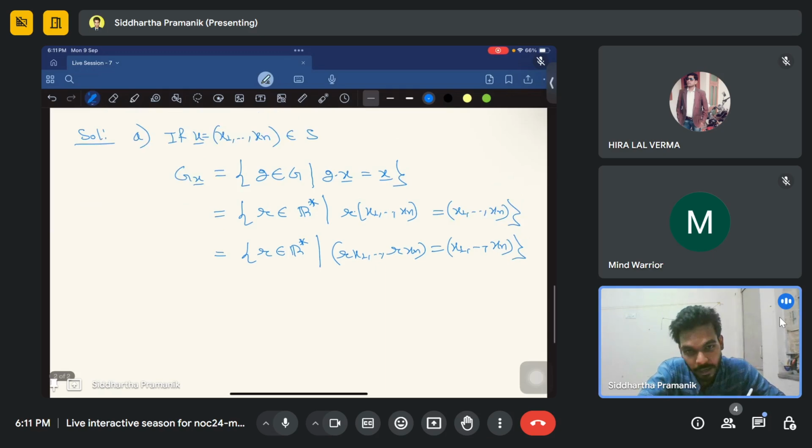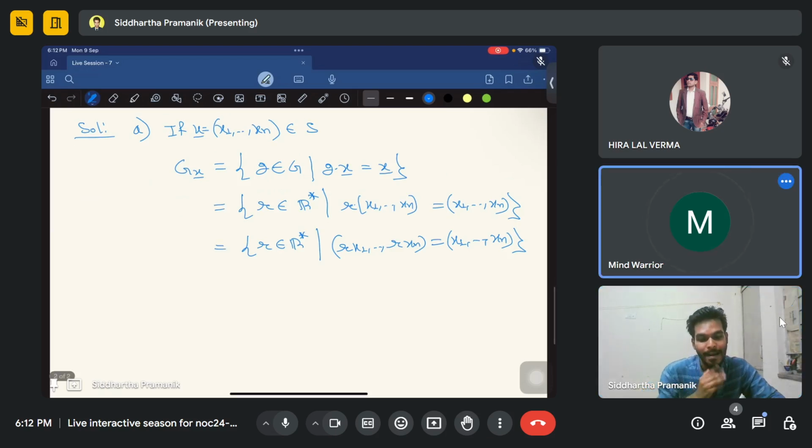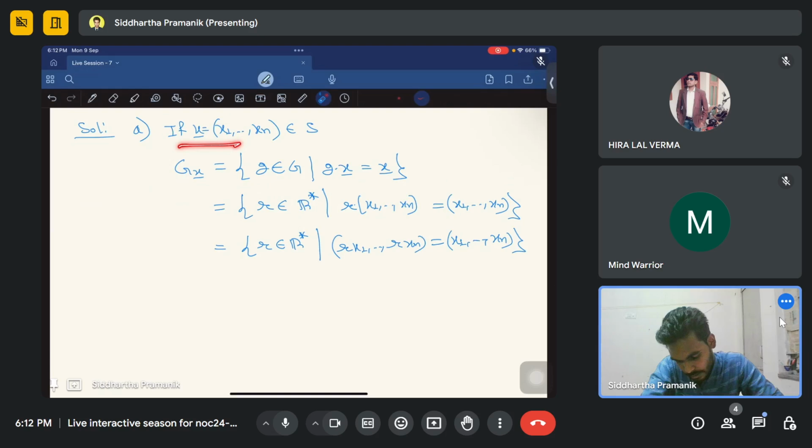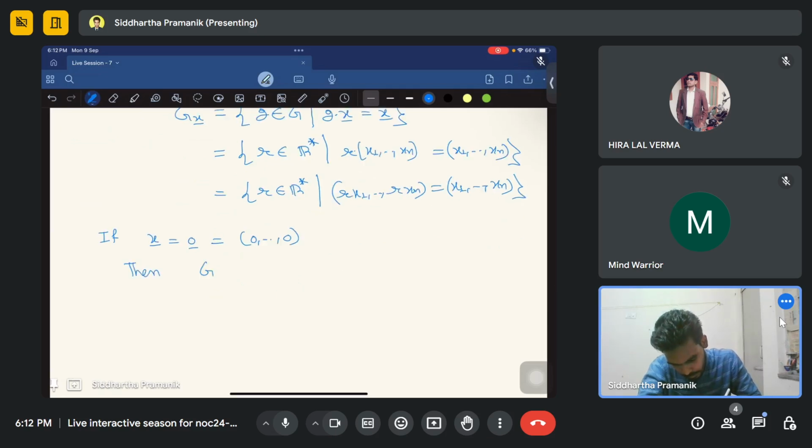From this, what can you say about r? Actually, it depends on x. If all xi are 0, then it can be the whole R star, right? We need to take care of that. If x bar is 0, meaning 0 in all coordinates, then the stabilizer of 0 can be the whole R star, because whatever you multiply r with 0, it remains 0.